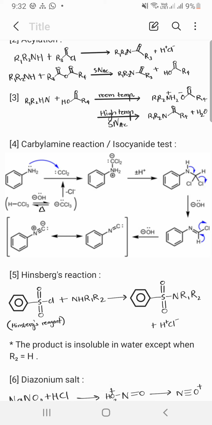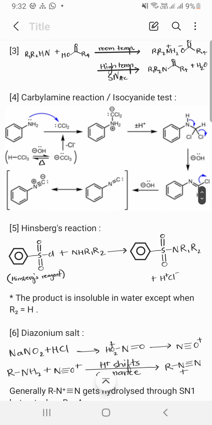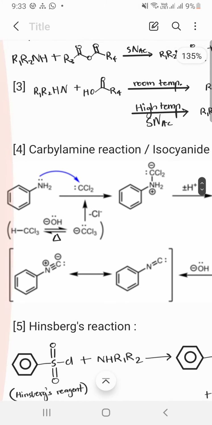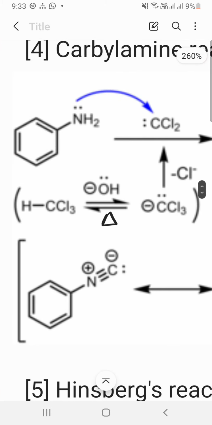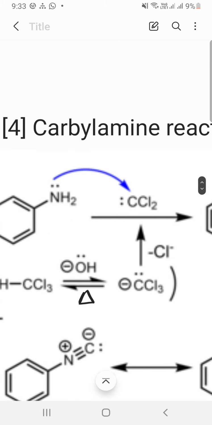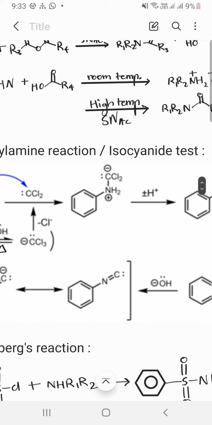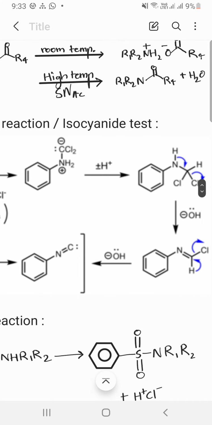Carbylamine reaction, isocyanide test. This is important because it's asked a lot. So it's not exactly this carbene directly, but it's CHCl3 and OH minus that will form this Reimer-Tiemann type carbene, and that will do this thing.